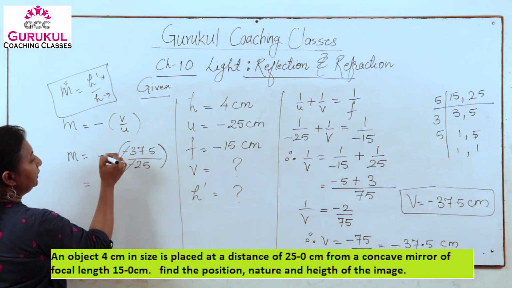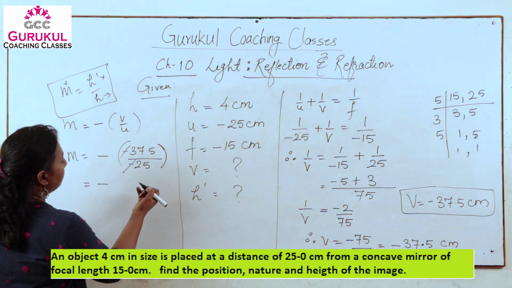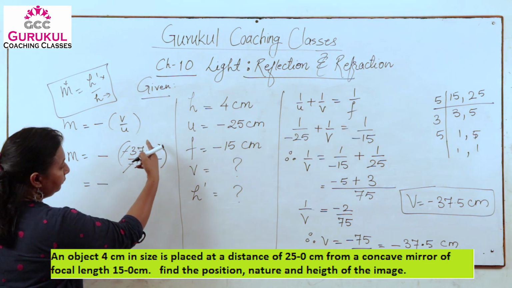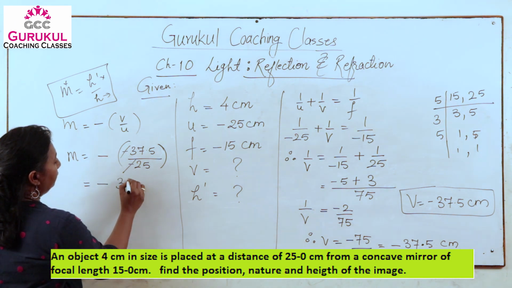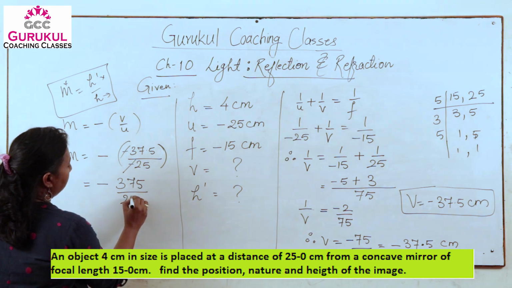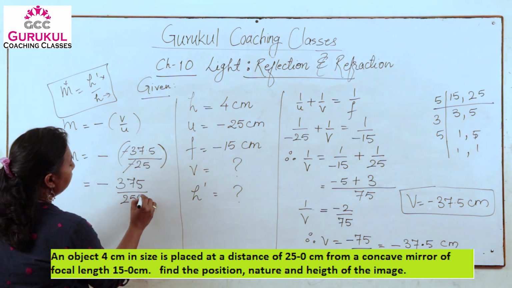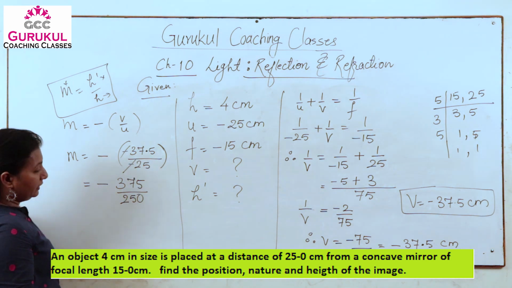Right? So this negative and negative sign will get cancelled out. So we will divide 37.5 by 25, or we can write 375 upon 250. I have just removed this decimal sign.